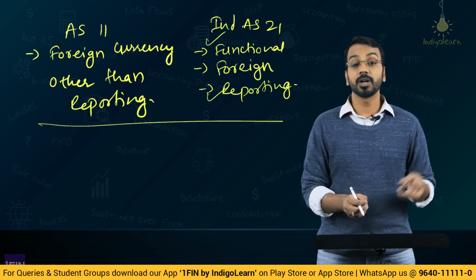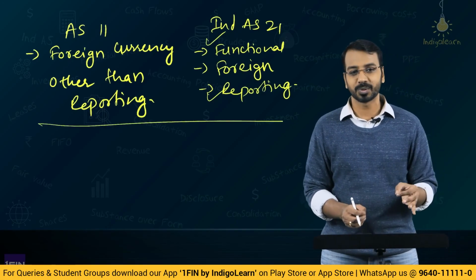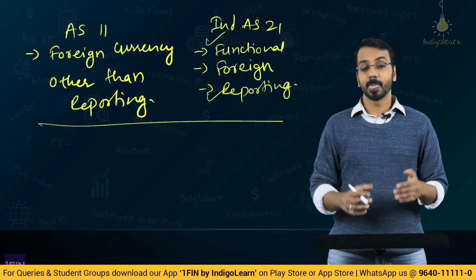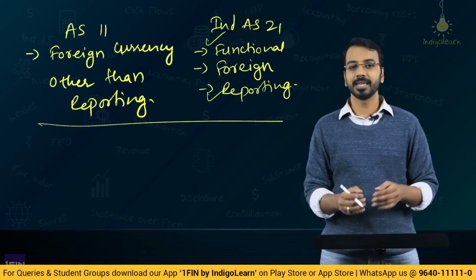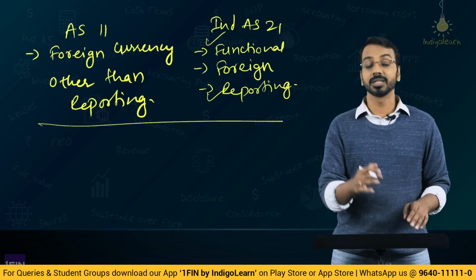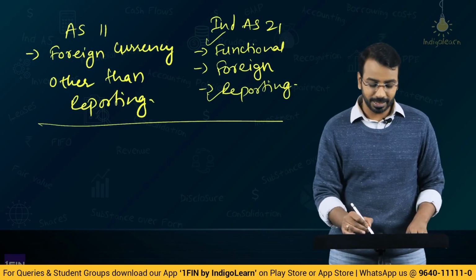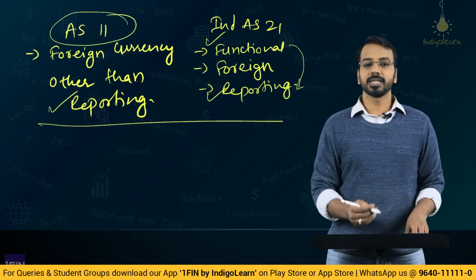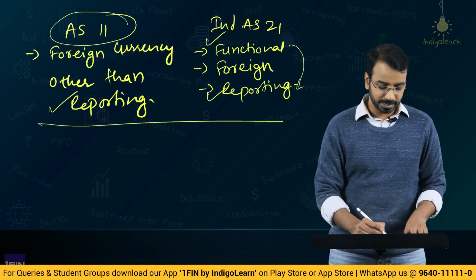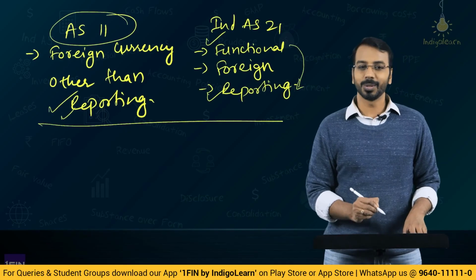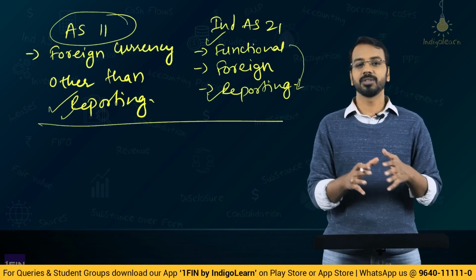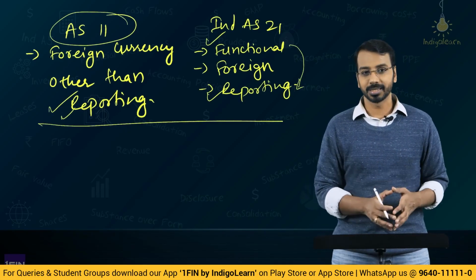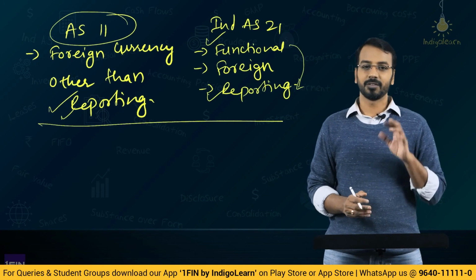Because Ind AS 21 uses the functional currency to record all the transactions, there may be a requirement to translate financial statements from functional currency to reporting currency. Whereas under AS 11, you will report the transactions in the reporting currency only. There is no question of translation between the functional currency and the reporting currency under AS 11. That is the first difference.